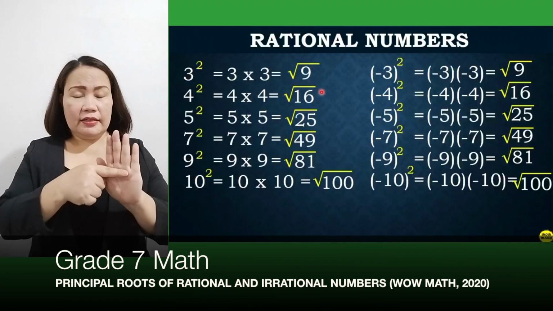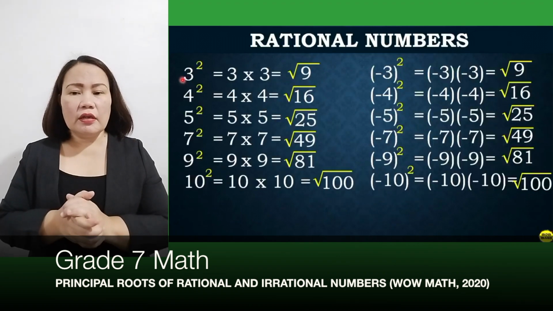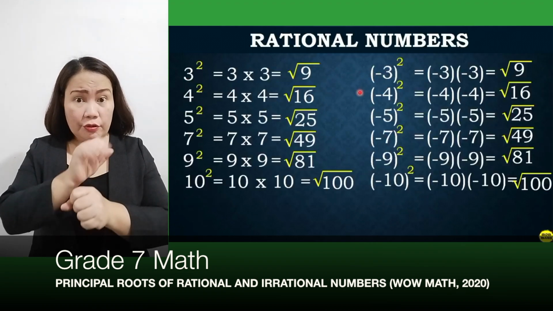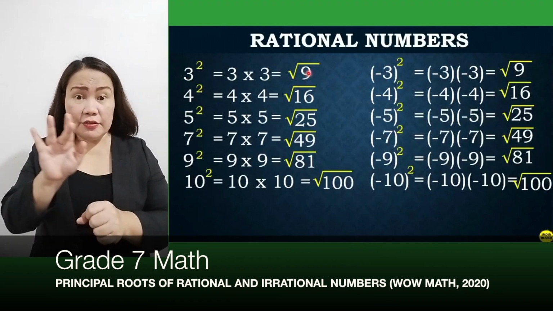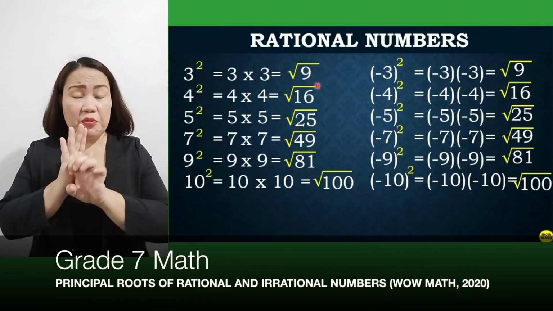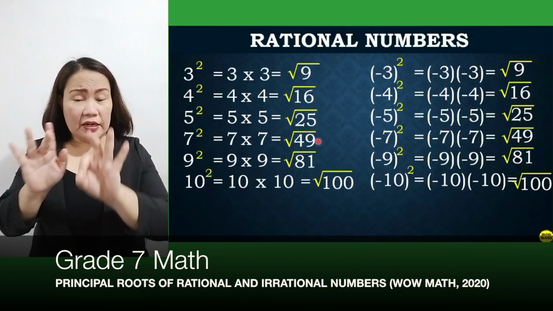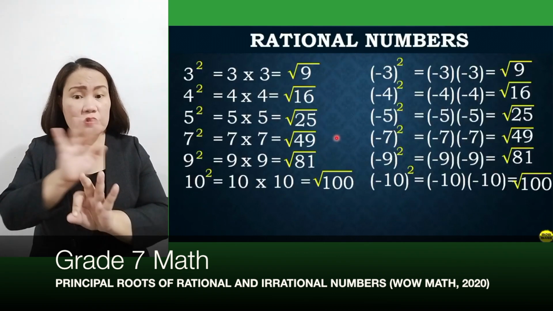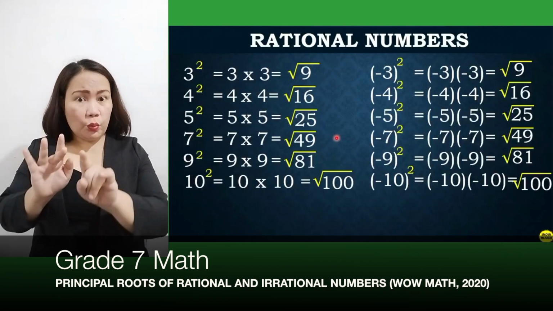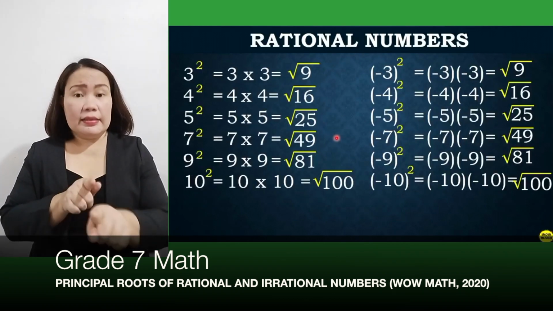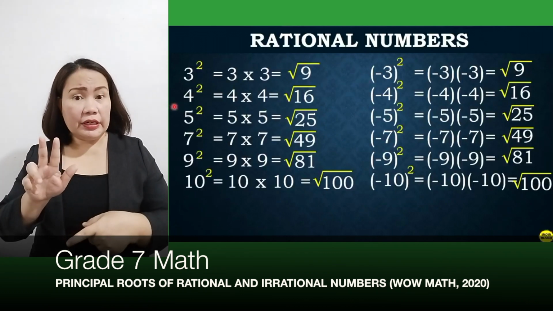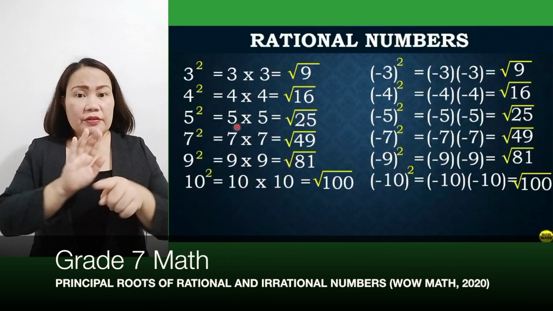Okay? Therefore, ang sagot natin ay positive 3 or negative 3. So, ulitin ko po, kapag kinuha natin ang square root ng mga numbers na to, like 9, 16, 25, 49, 81, and 100, ibig sabihin, ang pwede nating maging sagot ay positive 3 or negative 3, positive 4 or negative 4, and so on.